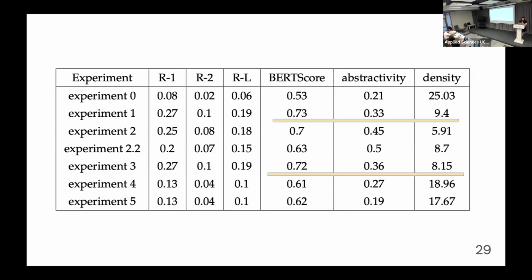However, they can be useful when comparing different experiments. For example, I highlighted experiment 1 and experiment 3 because they have similar results, and they show that using more data can achieve similar results to training for one more epoch with lower amounts of data.